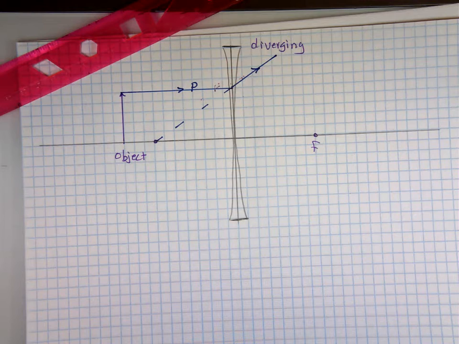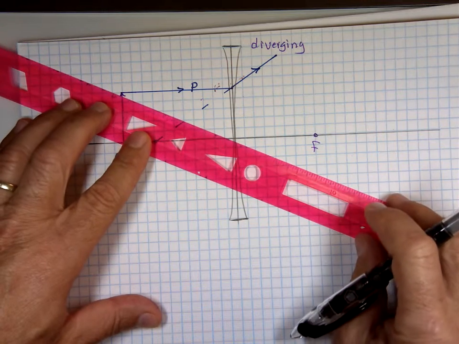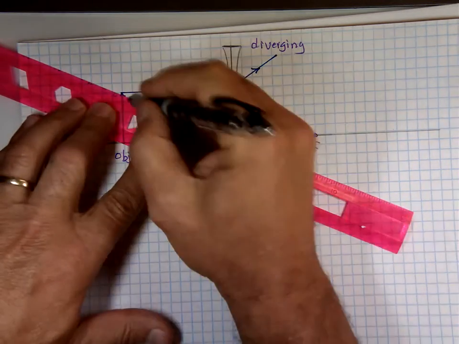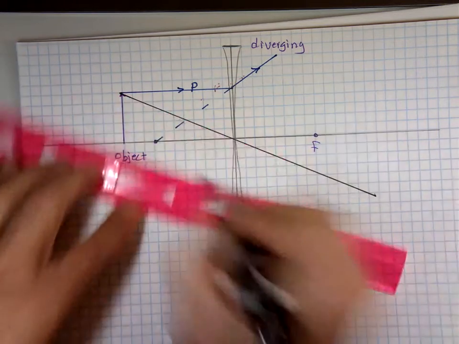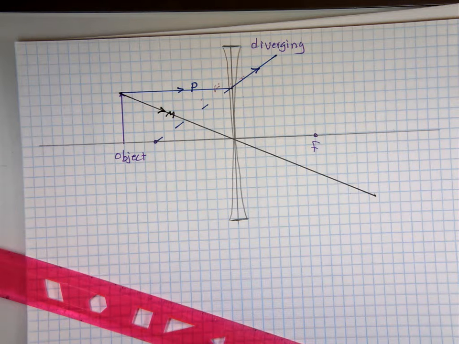The M ray, that's going through the middle. And the one through the middle never deflects. It just keeps on going. And the last one is the F ray, the red one. F is going through the focal point.